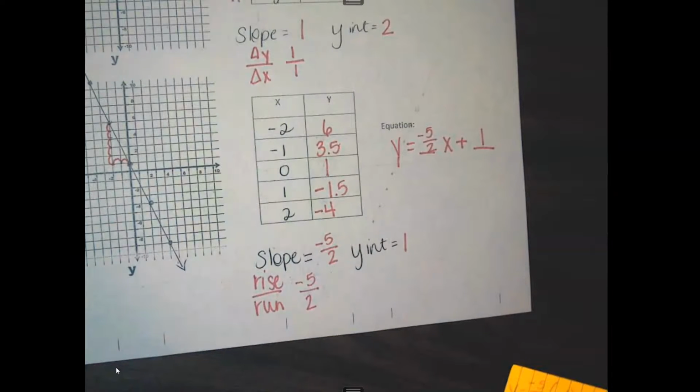Tomorrow, the assignment is actually a 2-day assignment. Do not wait till Thursday to do it, because it is a huge assignment to do in one day. So you're going to have 18 equations, 18 graphs, 18 tables. And you are going to match the graph to the table to the equation.